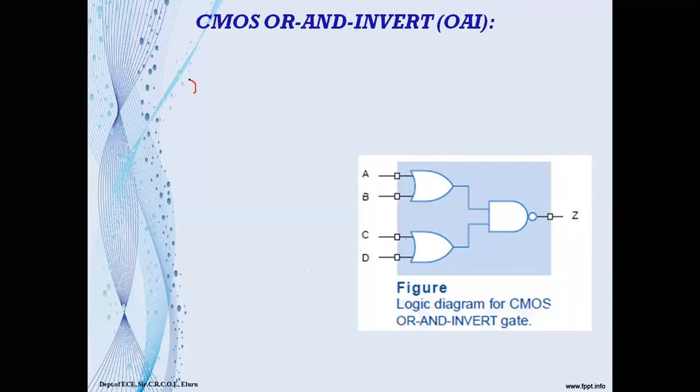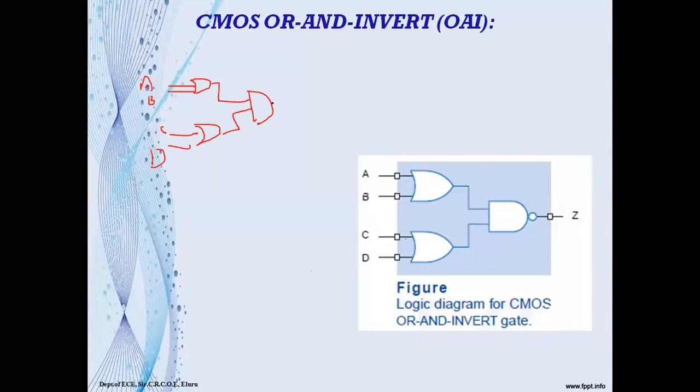You will have an OR gate followed by a NAND. So let's take two OR gates, named with inputs A, B, C, and D. Now connect the output of each OR gate to the AND gate, and the output of the AND gate is complemented.